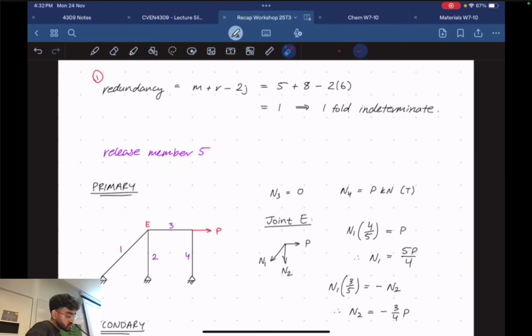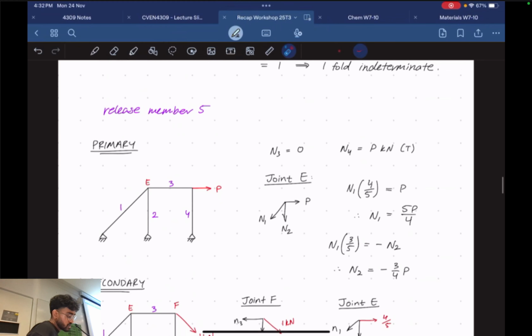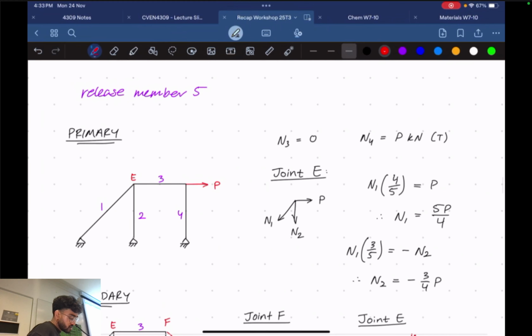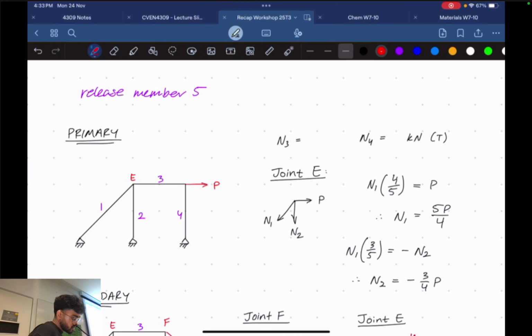What I've done is straight away I found the axial forces. So N3, oh my goodness, I've gotten this wrong. This should be P, this should be 0. Okay, I've got to change my whole working out.